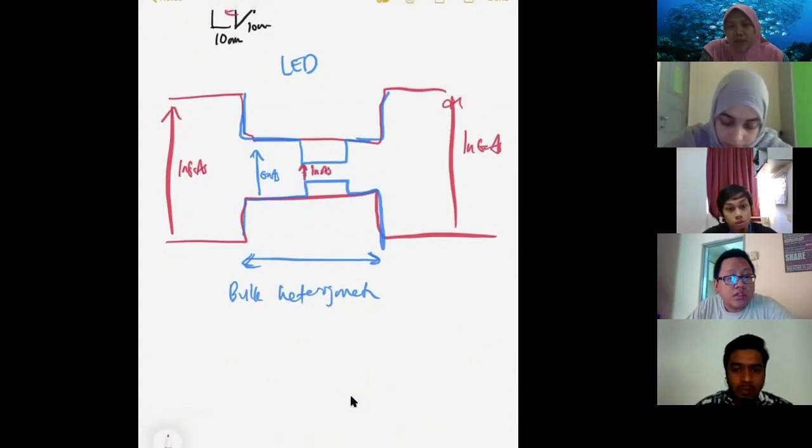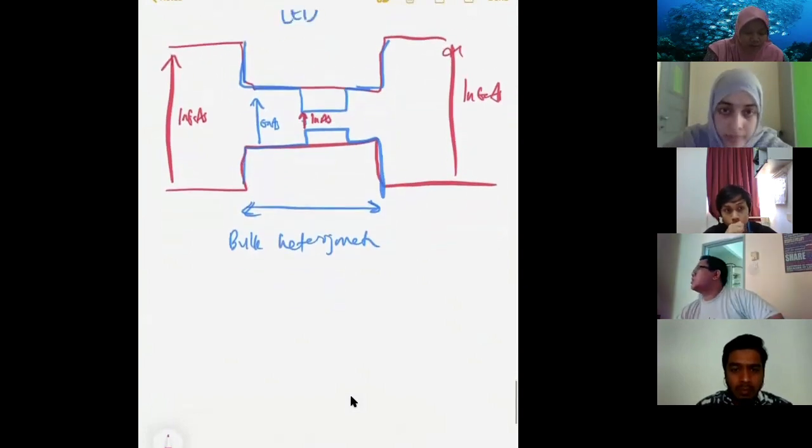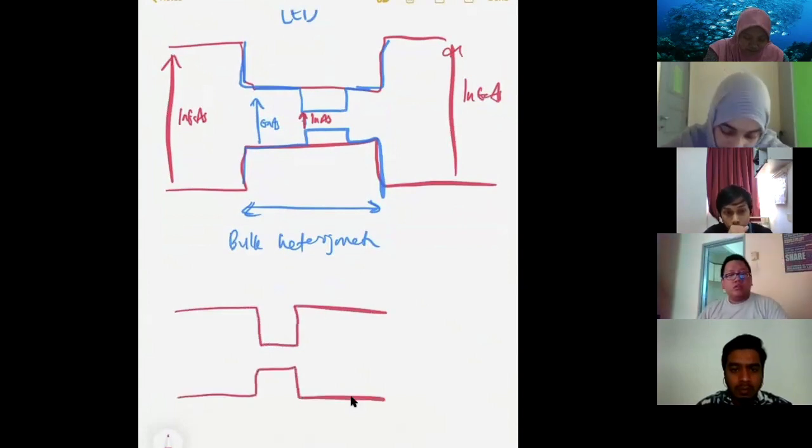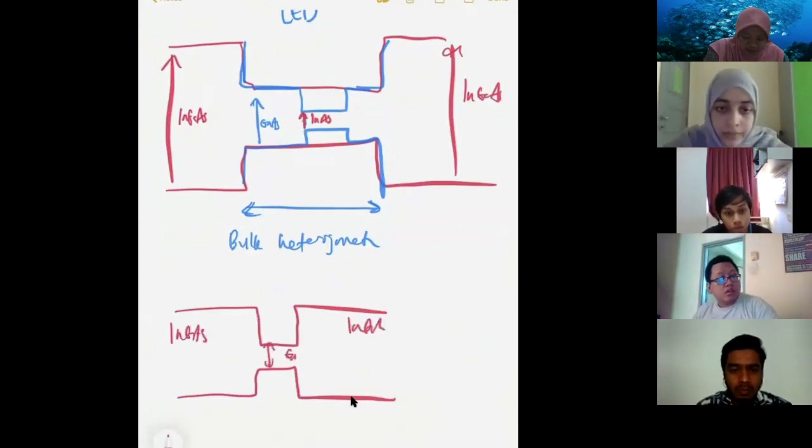So I can use another material to make it a quantum well, or I can make a gallium arsenide quantum well. So I just make it smaller. So I have indium gallium arsenide with a gallium arsenide quantum well. I just play with the dimension here.